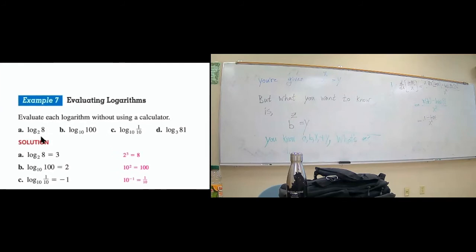So for example, log base 2 of 8 is equal to 3, right? And what we're saying here is that 2 to the third power is equal to 8. And for right now, we're just going to go through a couple of different details about logarithms and get back to this question, okay?